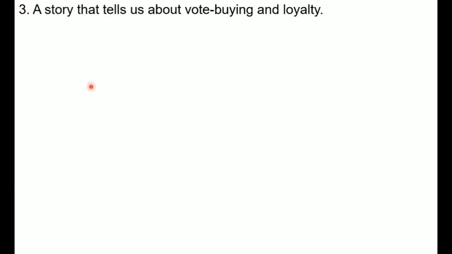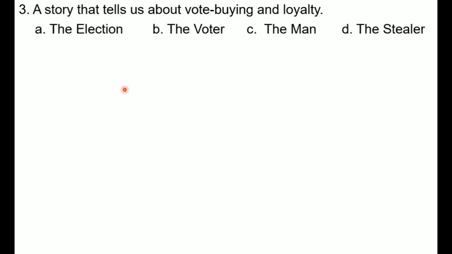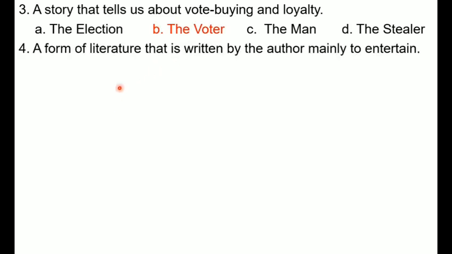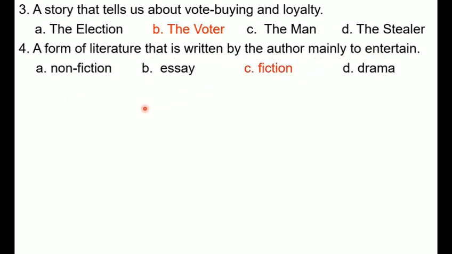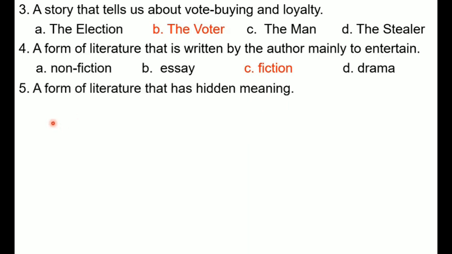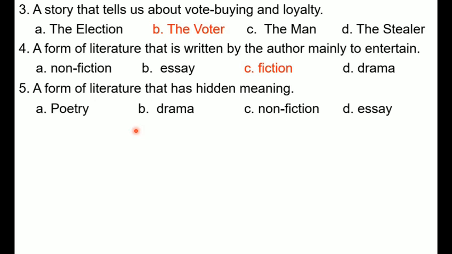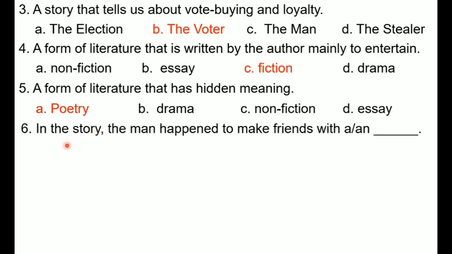Number 3, a story that tells us about vote buying and loyalty. This is a story about the voter. Number 4, a form of literature that is written by the author mainly to entertain. The answer is fiction. Number 5, a form of literature that has hidden meaning. The answer is poetry. Number 6, in the story, the man happened to make friends with an elephant.